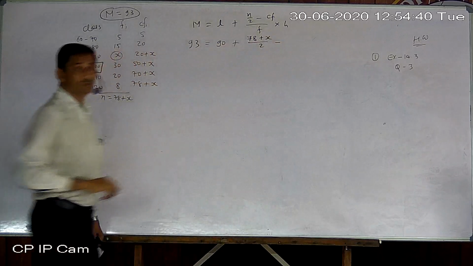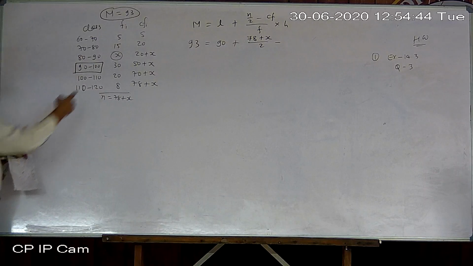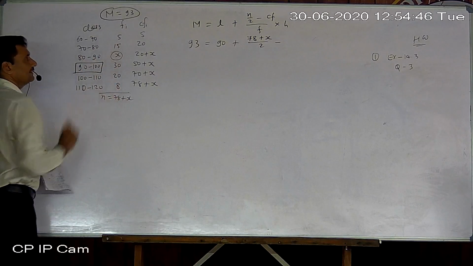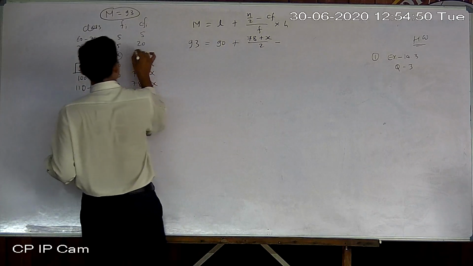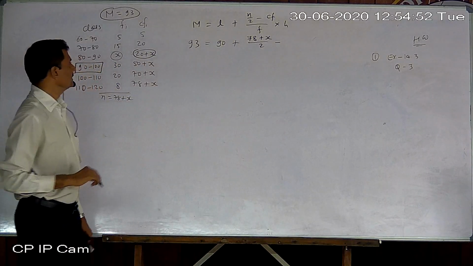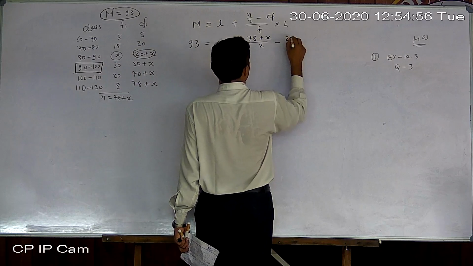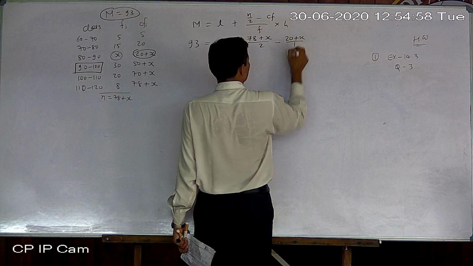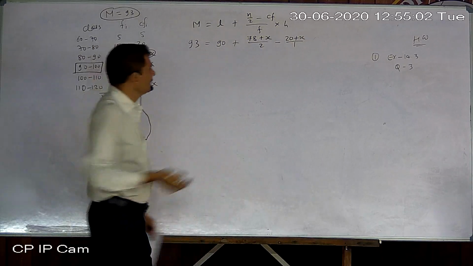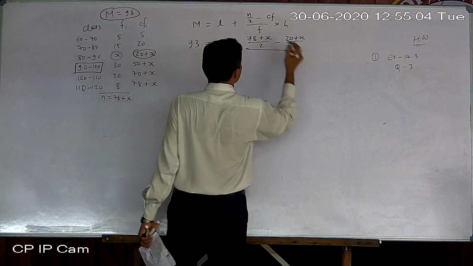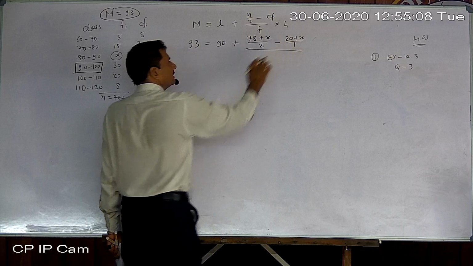Okay, because it is not given, n is unknown here. So it is 78 plus x upon 2 minus CF. CF is here 20 plus x. So write down here 20 plus x. Write upon 1 also. If one is a fraction, make the other also a fraction. Now upon f. Okay, this is n by 2, this is CF. I extra write here upon 1.